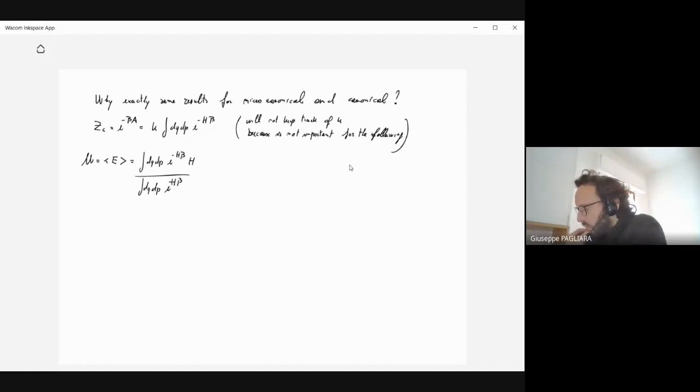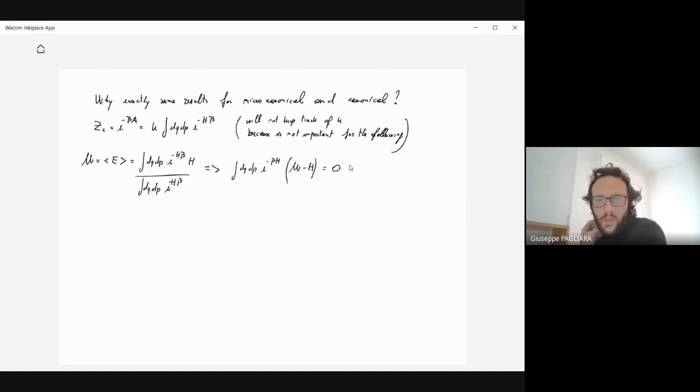Now from this equation, we see that I get the following equation by taking this integral and putting it on the left-hand side, then collecting everything together: the integral dq dp of e to the minus beta H times (U minus H) is equal to 0.